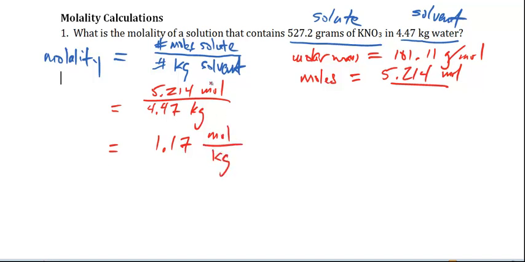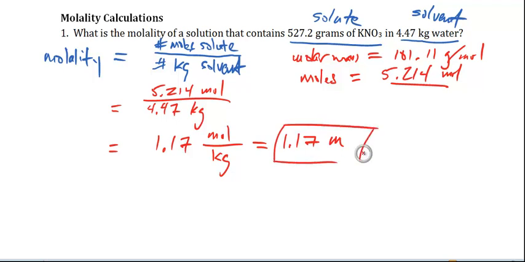I'm just following the units from above. By definition, moles per kilogram in chemistry is the same as molal, which we use the lowercase m to symbolize molality. So there you go. That's how we would approach a problem like number one.